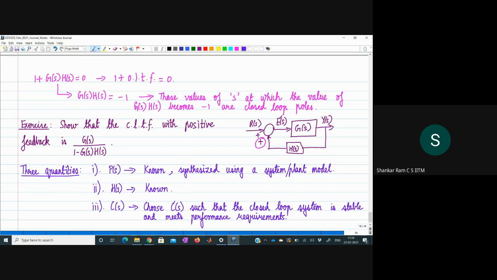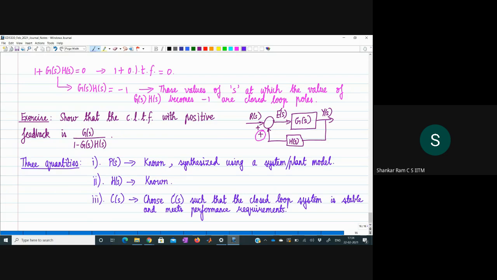We will look at it in the following lecture, as to what are some common controller structures we will be choosing for designing control systems. And we will see that overall the problem boils down to figuring out these parameters that appear in the controller functional form.